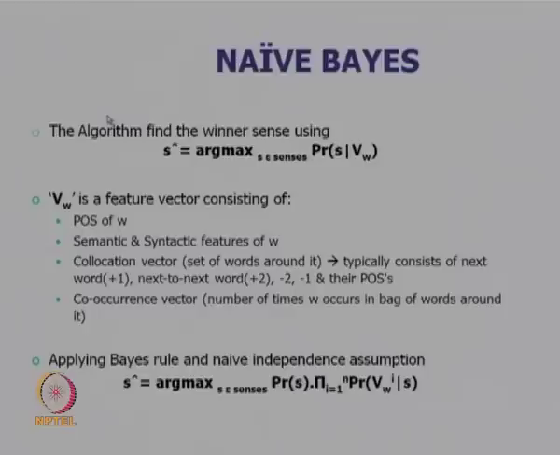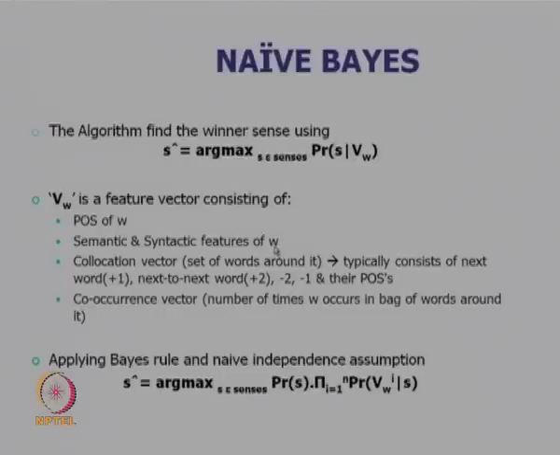The sentence that we wrote, I went to the bank to withdraw some money. Here the part of speech of bank is noun. So, this is important information for disambiguation. Then comes the feature called semantic and syntactic features of W. What would that mean? So, these are word properties of W and the grammatical properties of W.